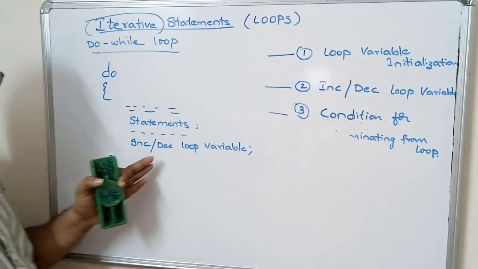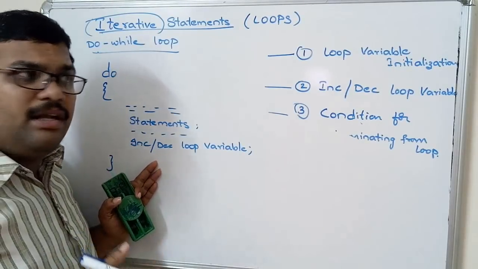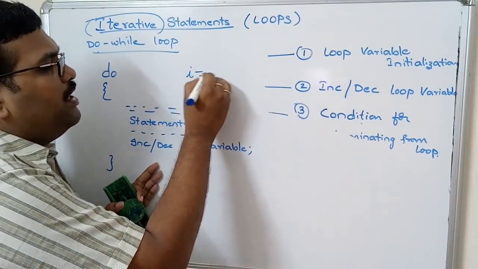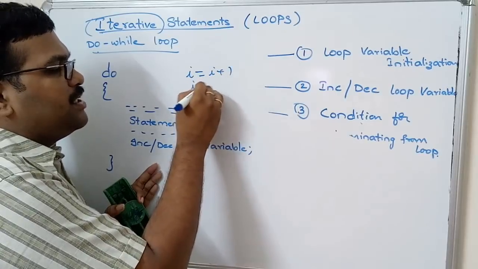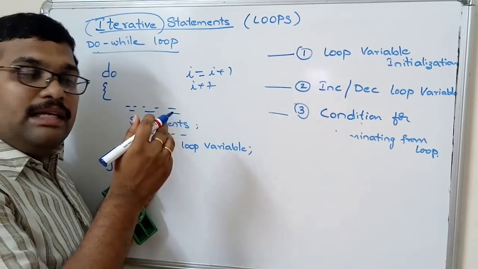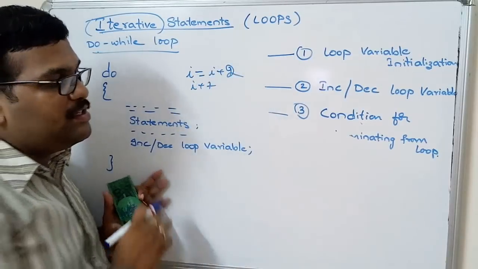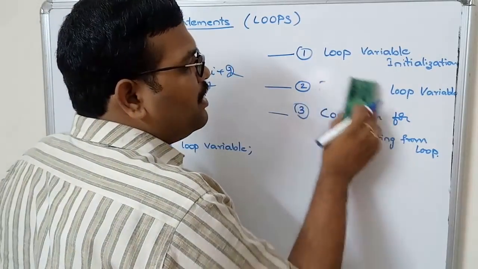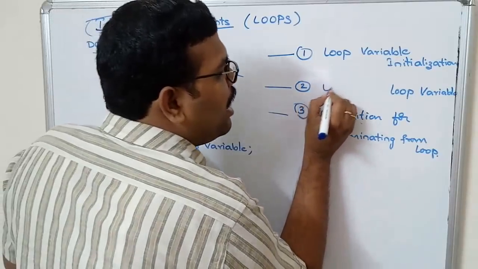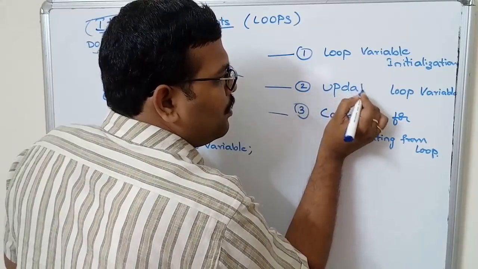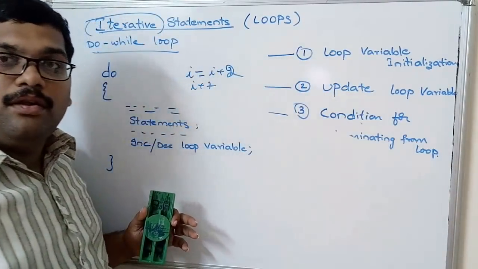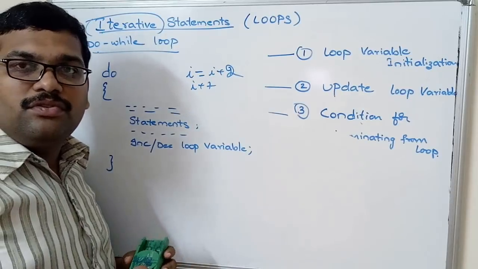Here the increment is not only I is equal to I plus 1 or I plus plus. We can update by 2 also. That means we can replace increment and decrement with update the loop variable. Right? Don't get confused.